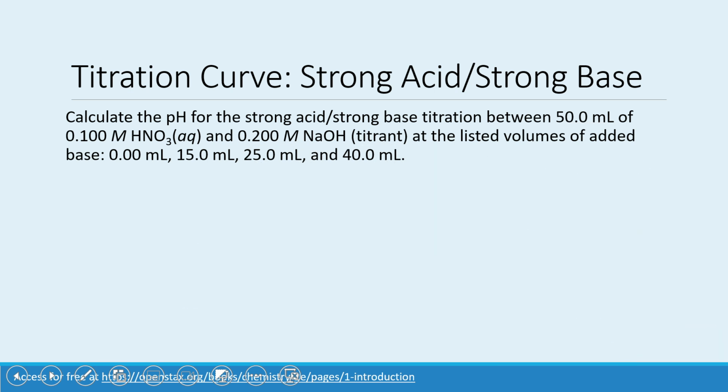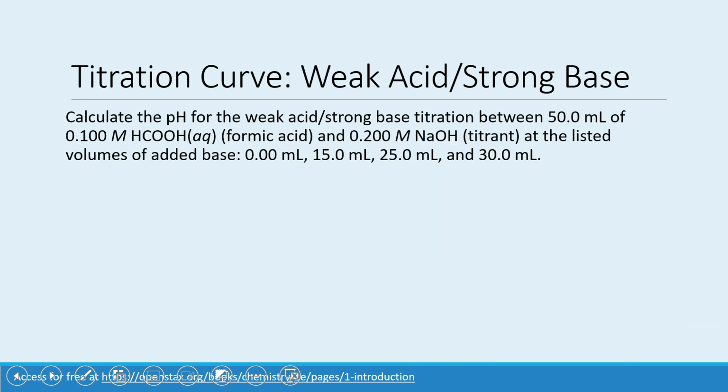So remember, the first step is to determine what is that equivalence point. And just to shorthand this a little bit, we've seen in a previous example how to calculate that. You take the volume and the concentration that you know, figure out the moles of that. That will give you the moles of the sodium hydroxide, and then you can take the moles and the molarity and find the volume of sodium hydroxide.